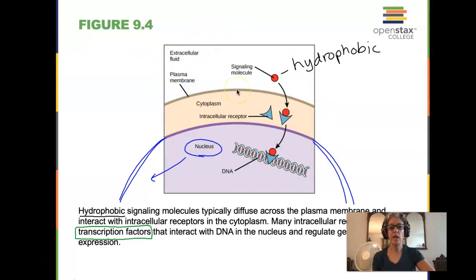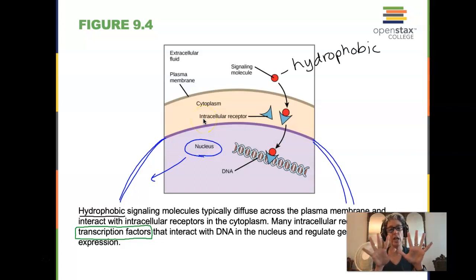We don't have to have a signal on the cell surface. This is showing the membrane of the nucleus. This is the plasma membrane, so the cell membrane. This is the fluid outside of that cell. This receptor molecule is called an intracellular receptor because it is actually inside the cell.